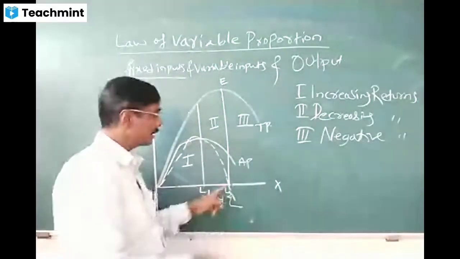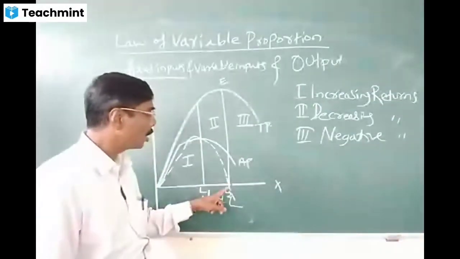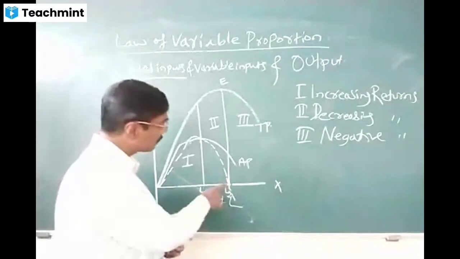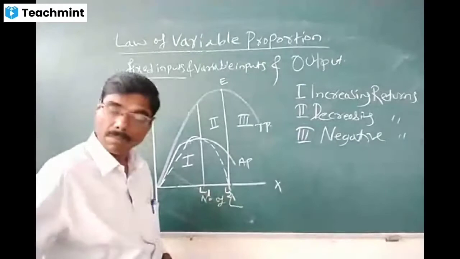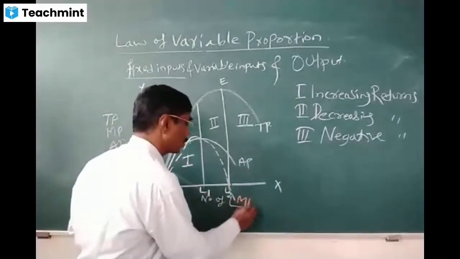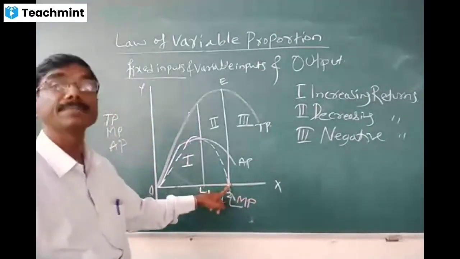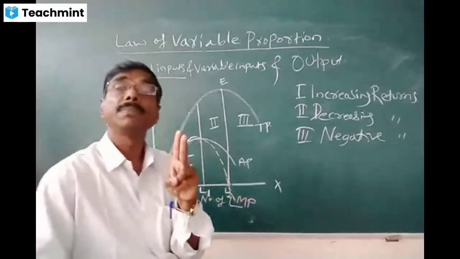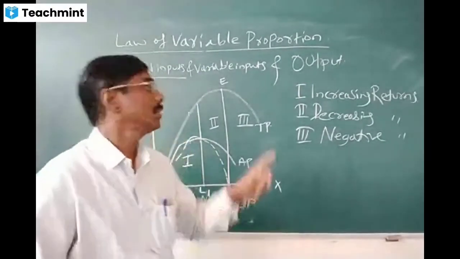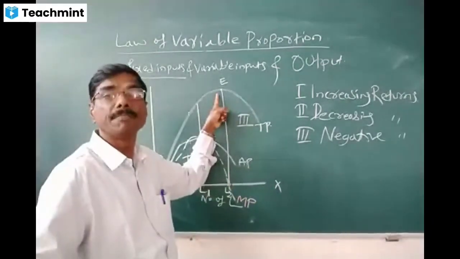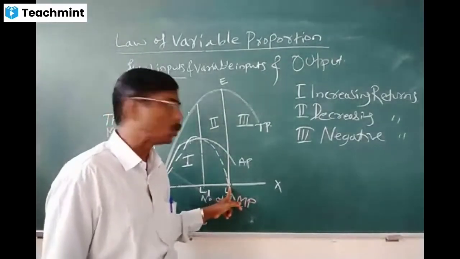Look at the marginal output curve, the MP curve. It becomes zero here. At the end of the second stage, total output is maximum and marginal output becomes zero.